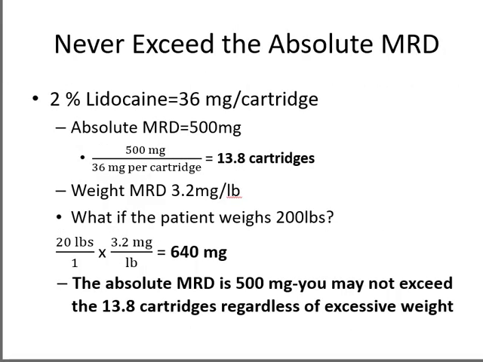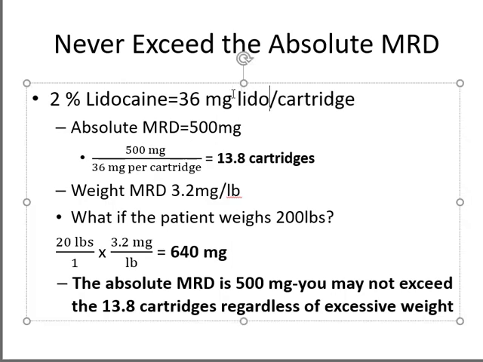And it's very important that you never exceed the absolute MRD. For example, 2% lidocaine is 36 milligrams of lidocaine per cartridge. The absolute MRD is 500 milligrams. We already figured this out a couple of slides ago: with 36 milligrams per cartridge, you can have 13.8 cartridges based solely on the lidocaine. Now the weight MRD is 3.2 milligrams per pound.